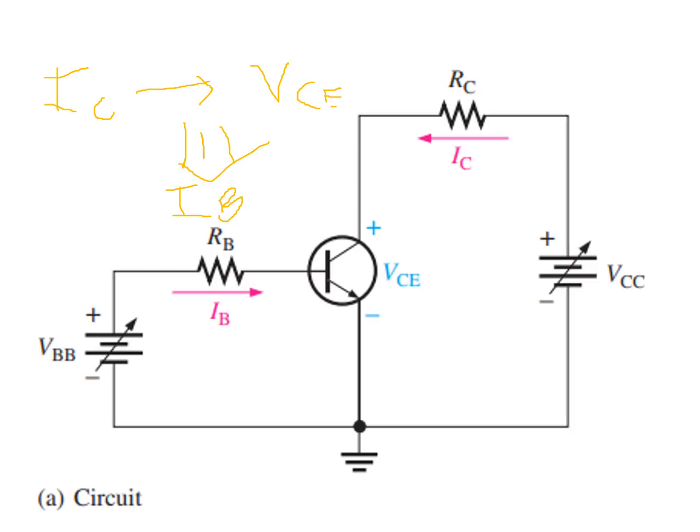Notice in the circuit diagram that both VBB and VCC are variable voltage sources, and we assume that VBB is set to produce a certain value of IB and VCC is 0.